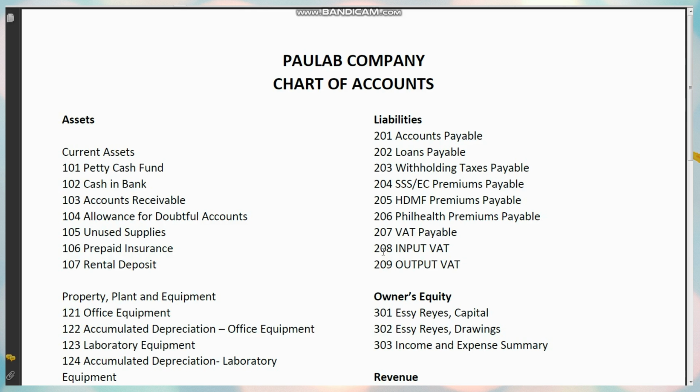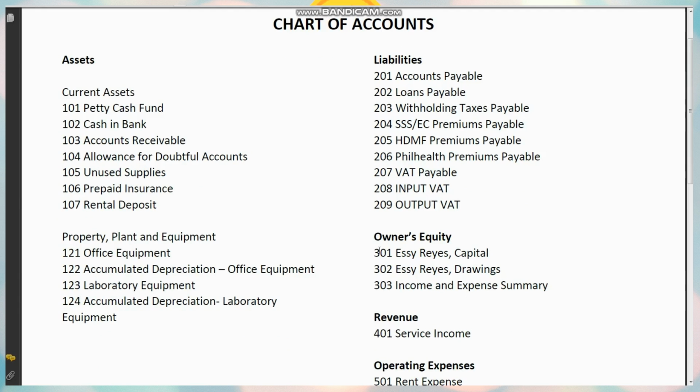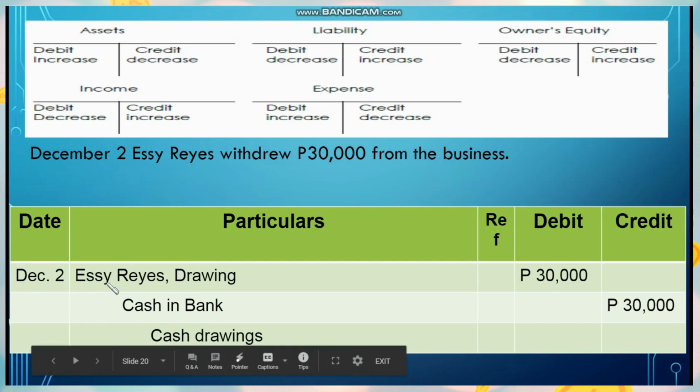If you take a look at the chart of accounts, the owner's equity accounts would be S.E. Reyes capital, S.E. Reyes drawings, income and expense summary. An investment would mean an entry for S.E. Reyes capital, and withdrawal would mean the use of the S.E. Reyes drawings account. So in this case, we debit S.E. Reyes drawing for 30,000.